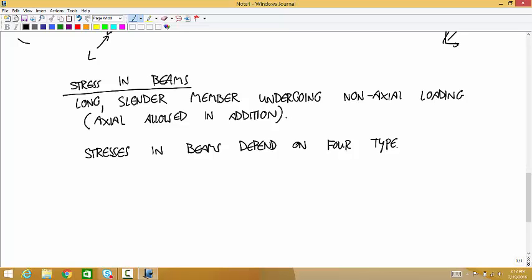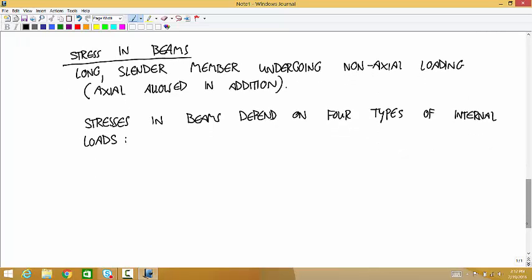Yeah, that's a column. Stresses in beams depend on 4 types of internal loads. Oh, by the way, speaking of beams, the beams that they use in construction projects are T-shaped or I-shaped.